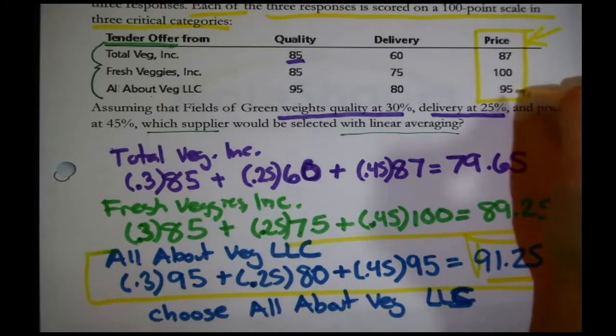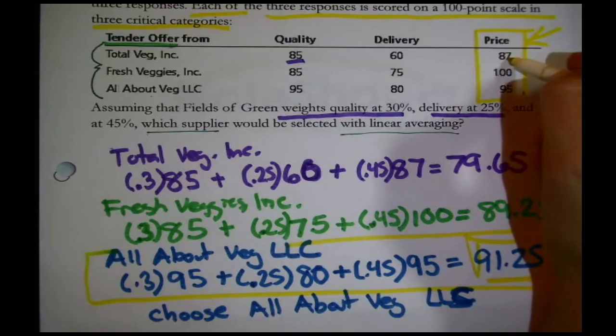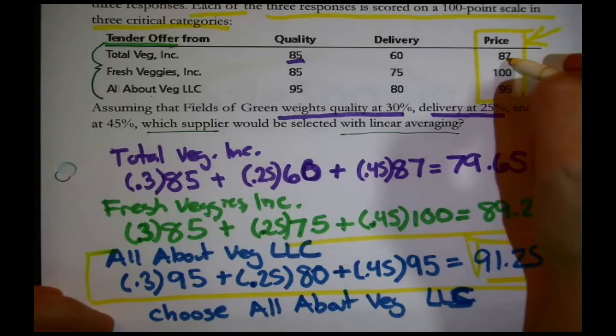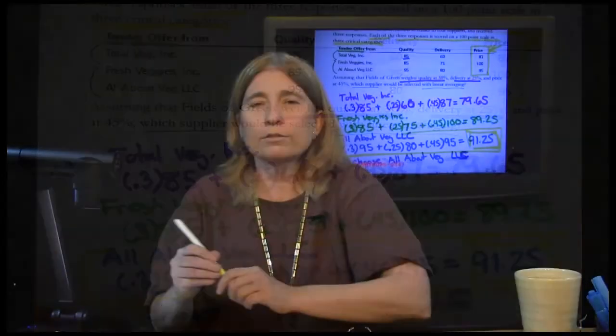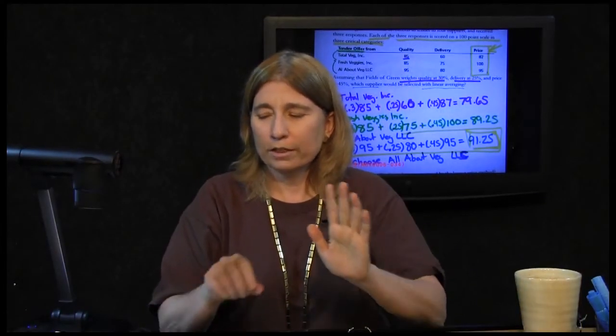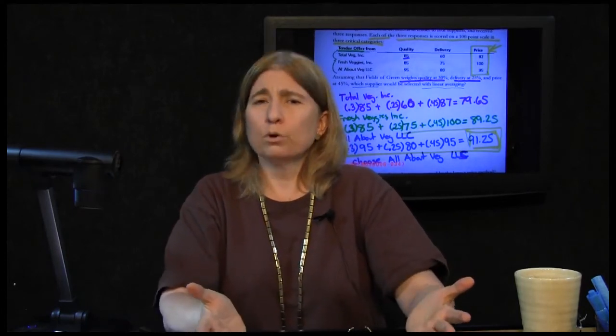Now the temptation is, ooh, lowest price, I see here the lowest number in this table, and that's Total Veg Inc. But careful. For linear averaging, that table is scoring, and higher numbers are better in scoring.